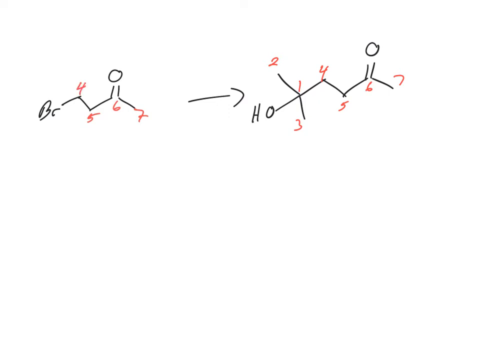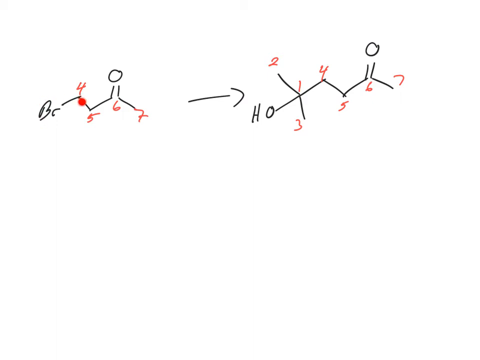If they're showing me this, where all of a sudden carbon 4 has a bromine on it, and carbon 4 looks like it's attached to carbon 1 that has the oxygen on it, what does that make me think of again? Well, wait a second. Carbon 1's electrophilic. Carbon 4 would have to be the nucleophile. If I break this carbon 1, carbon 4 bond, that makes me think carbonyl and Grignard.